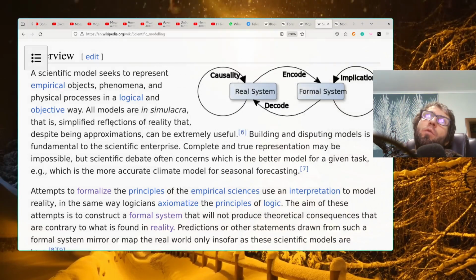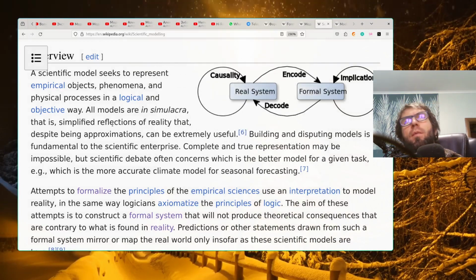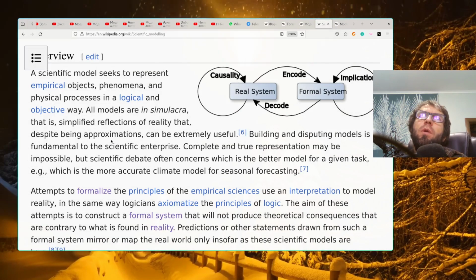We can review a subclass of models which is called a scientific model. This model seeks to represent empirical objects, phenomena, and physical processes in a logical and objective way.